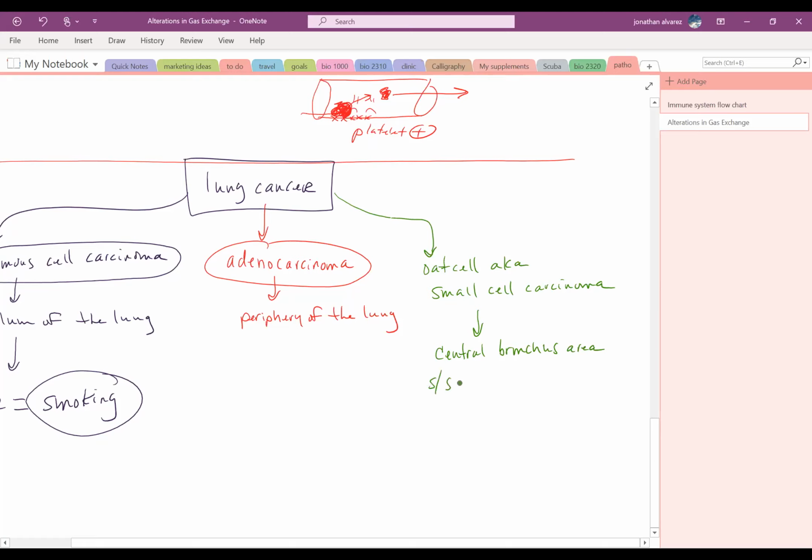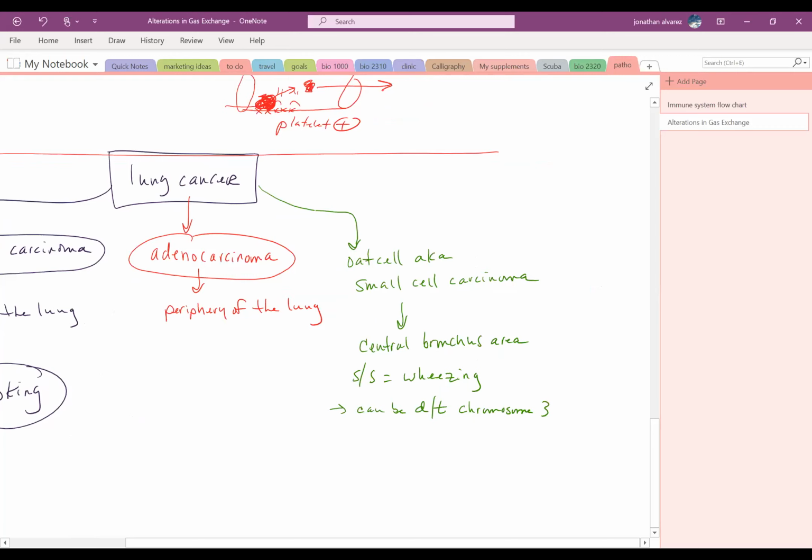A sign and symptom of this one will be wheezing. And it can be due to chromosome 3 damage.